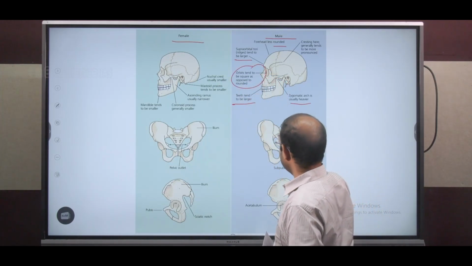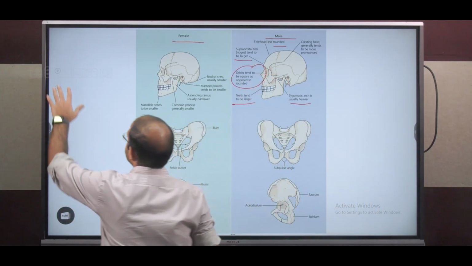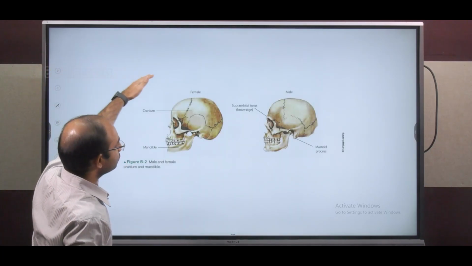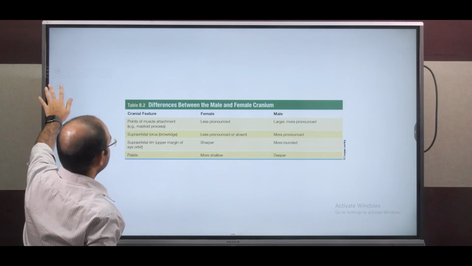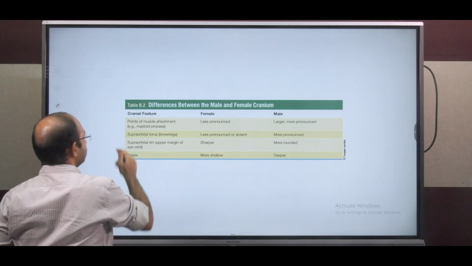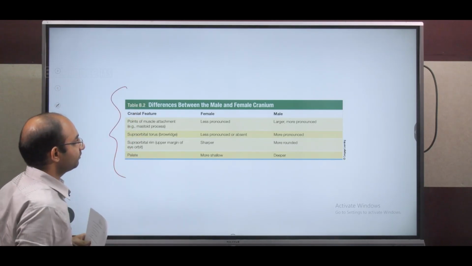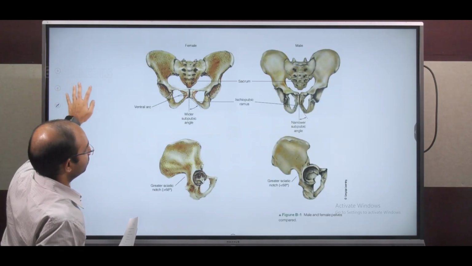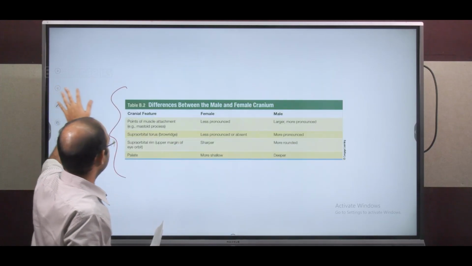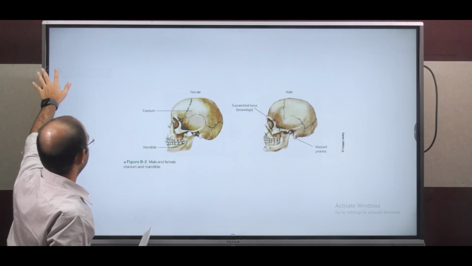And in case of pelvis, this is also a clear difference between male and female cranium. This table also gives you very clearly how the male and female cranium can vary from one another. This is male cranium, and then you have female cranium.